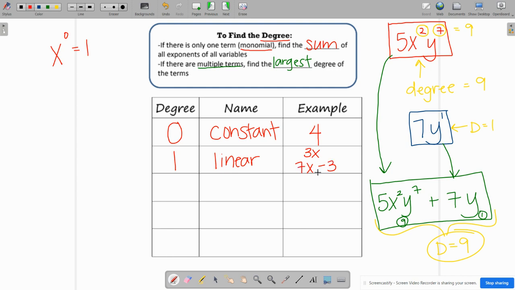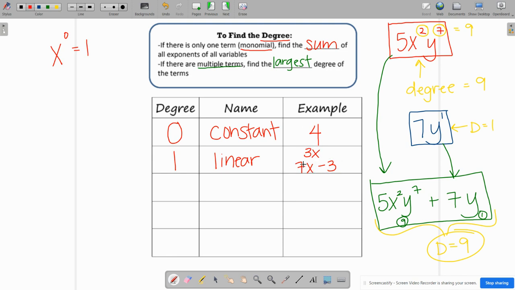In this case, this is a binomial because it has two terms, but it's still linear because look at each of the degrees of the individual terms. This term has a degree of 1 because the exponent of x is 1, and this term has a degree of 0 because there's not a variable there. So of the two, the largest is 1, which means overall the polynomial has a degree of 1.